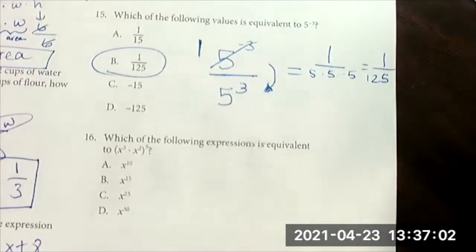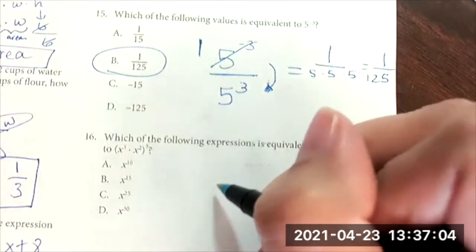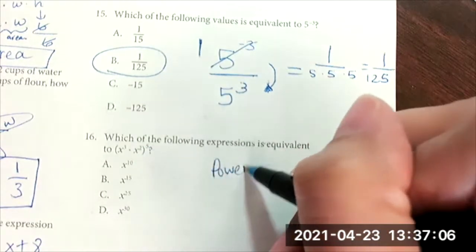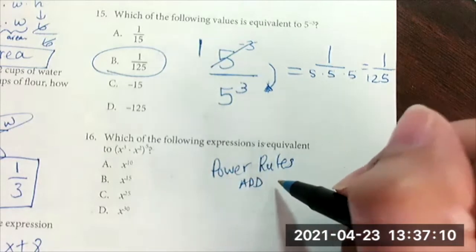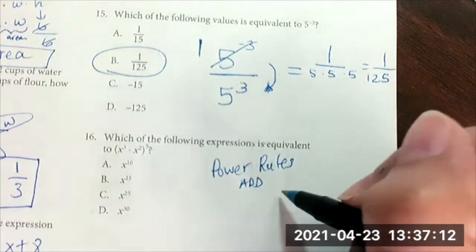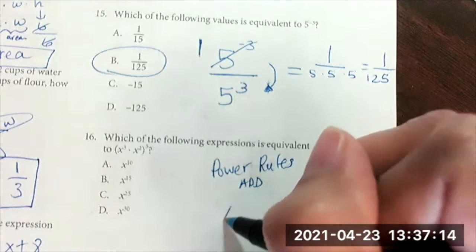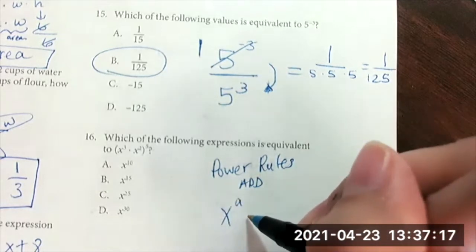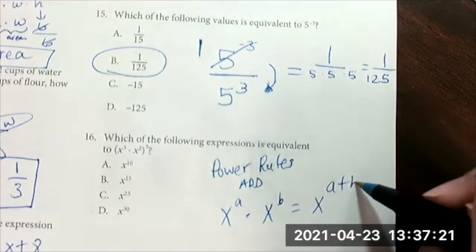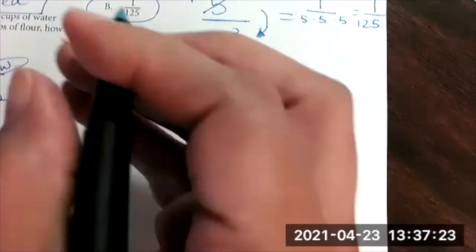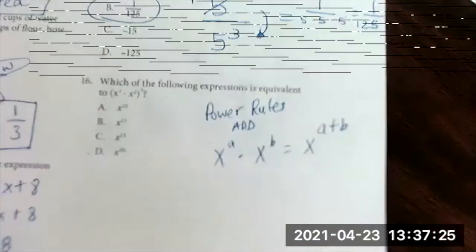Which of the following expressions is equivalent? When multiplying powers, the exponents add, right? So x to the a times x to the b is equal to x to the a plus b. That's what we're going to do in the first section here.